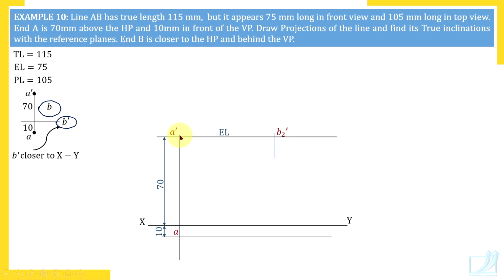True length front view, we cannot draw. Even if we know true length, we don't know theta. So A dash B1 dash we cannot draw, and A dash B dash has length EL and angle alpha. We cannot draw A dash B dash right now, because even if we know EL, we don't know alpha. So similarly, out of 3 top views, we are able to draw only the horizontal top view that has length PL, 105 millimeters, and it is AB1.